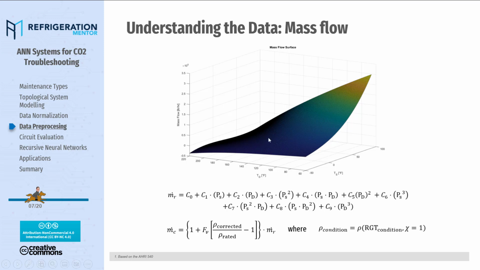First, we have the AHRI standard, and then we must correct this value according to the temperature and the changes of density in the suction compared to the standard. We have to remember that different levels of superheating can vary the density of the gas returned to the compressor.